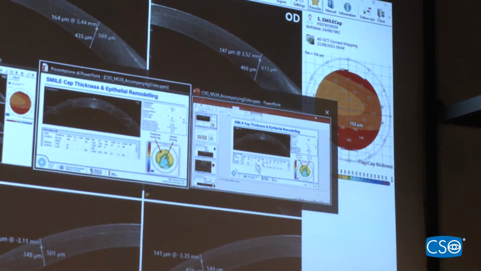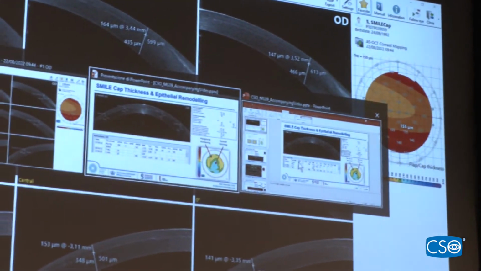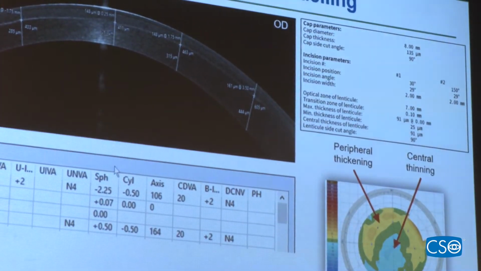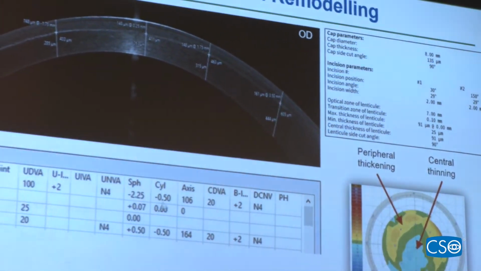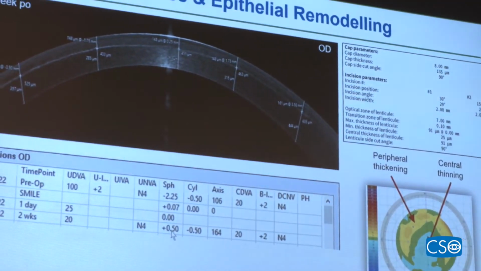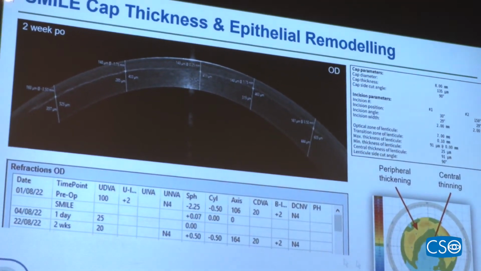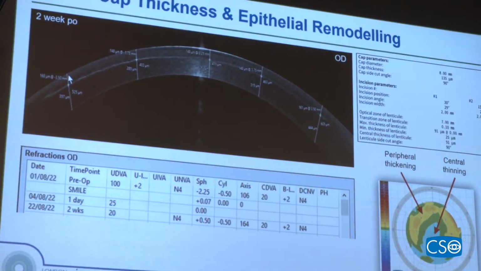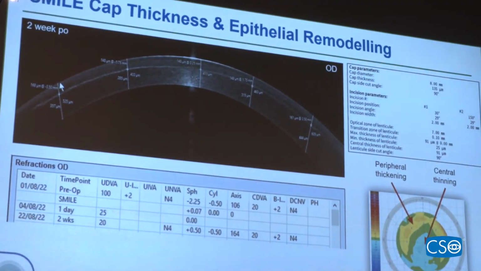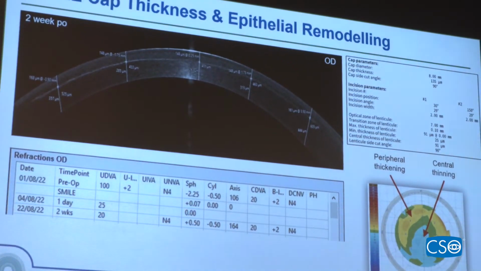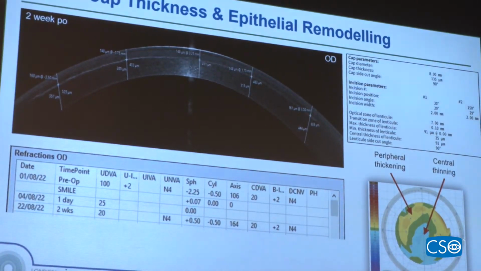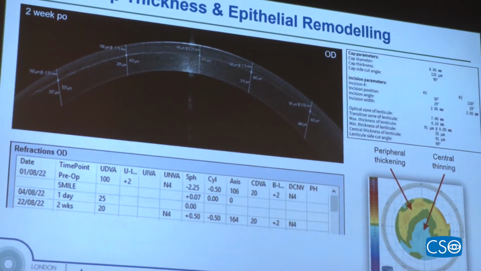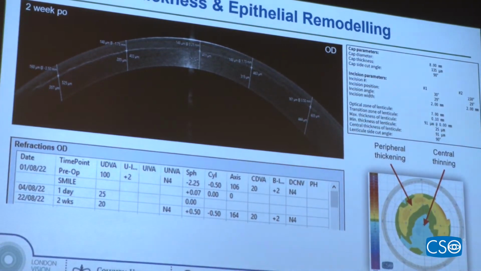If I show you this case, this was a minus 2.25, which ended up on target. But if I had to do an enhancement, you cannot measure the cap and know what the cap was at the time of the surgery, because the epithelium has changed. Many publications try to do flap thickness measurements post-op to see if they were accurate, but the epithelium changed, so you can't do that.